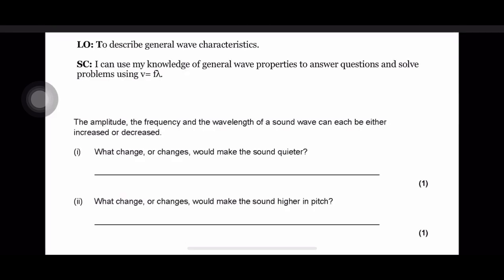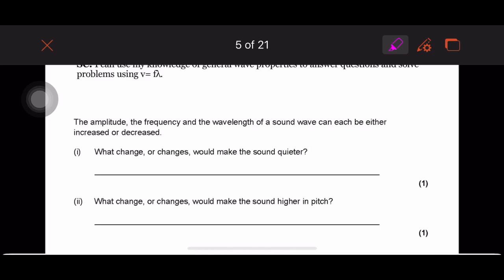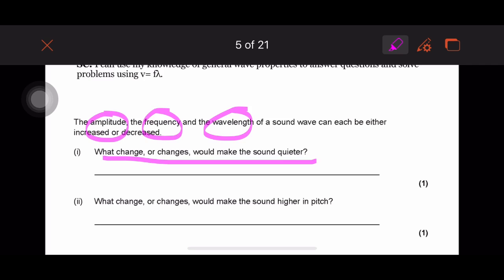Now we're going to test our knowledge whether we really understood our lesson yesterday. This is one question. The amplitude, frequency, and wavelength of a sound wave can each either be increased or decreased because they are quantities. What change or changes would you do to make the sound quieter?